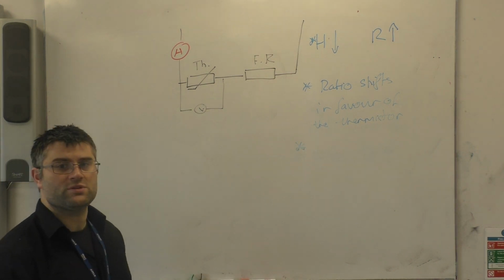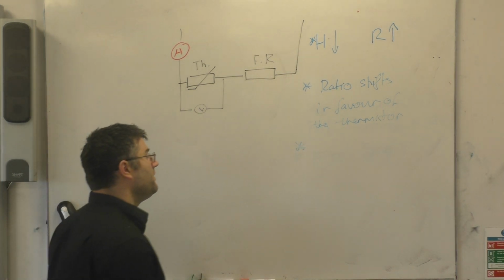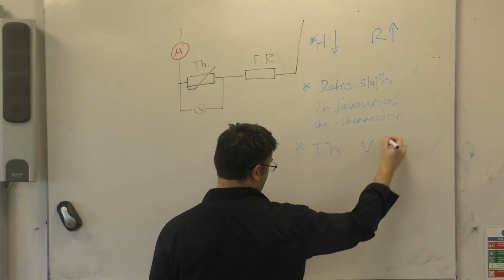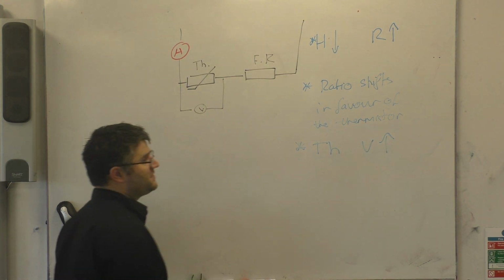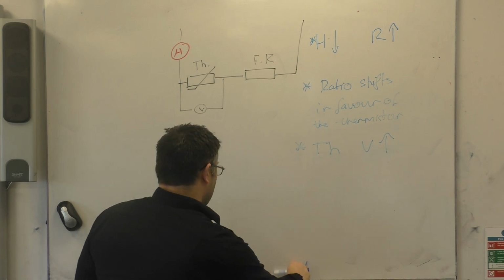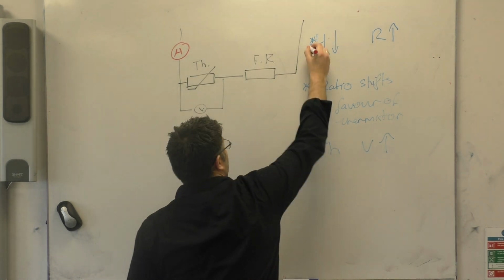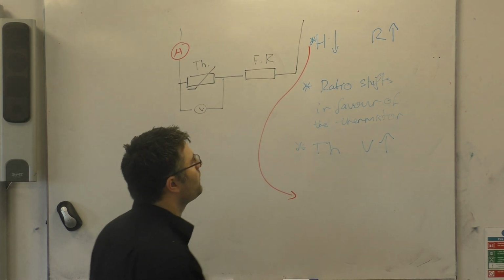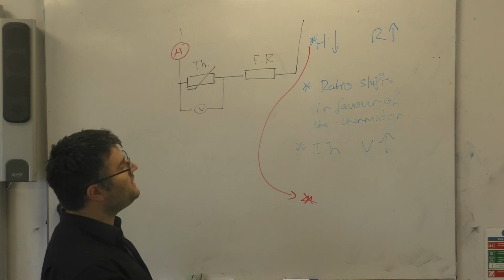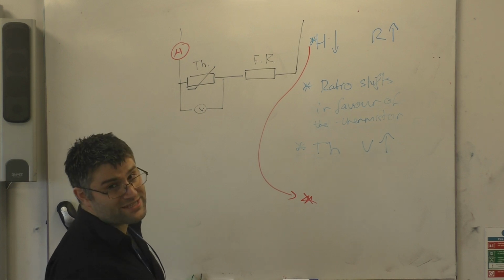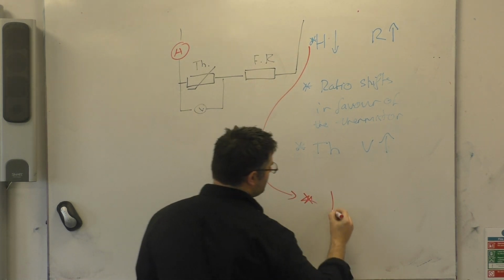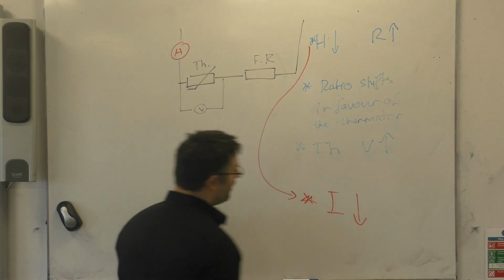What does that mean in terms of the voltage? The voltage across that thermistor would increase. Again, as a byproduct, what happens to the current? If the heat is decreased, the resistance is increased and the fixed resistor stays the same, so the current is going to drop.